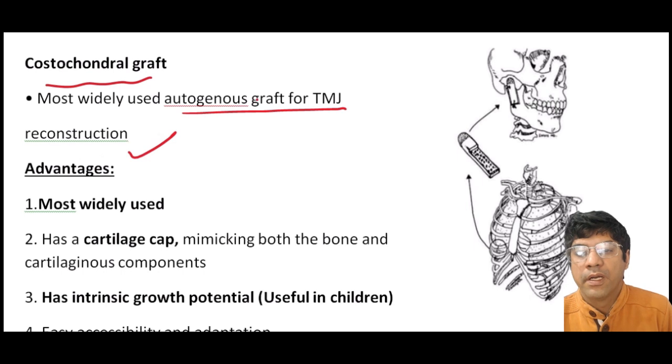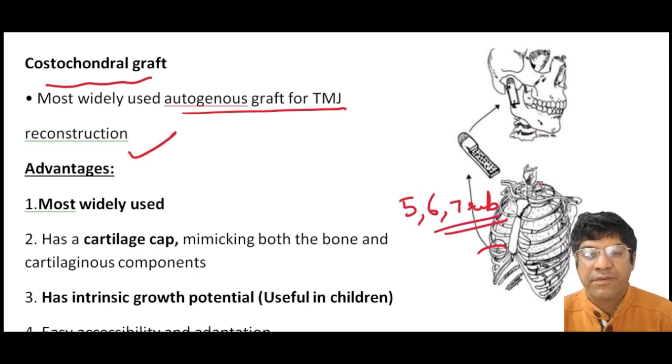The costochondral graft is harvested through an incision in the inframammary region, and typically uses the fifth, sixth, and seventh rib. The segment of the rib chosen includes the costochondral junction and a suitable length of the rib itself.